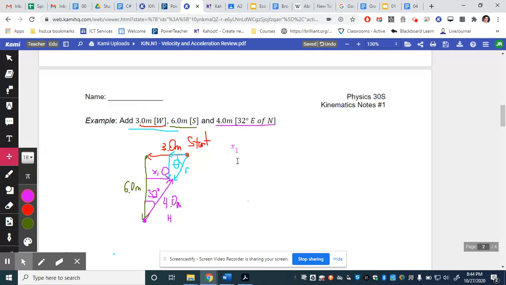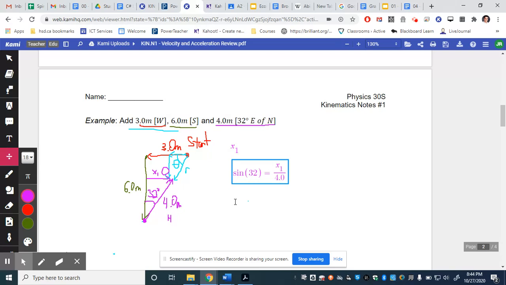And so let's do it. We got the sine of our angle, which is 32, equals this opposite, which is x1, over the hypotenuse, which is 4.0.